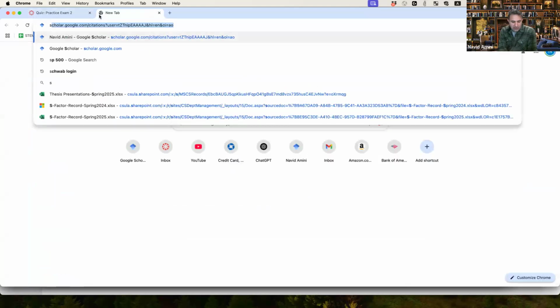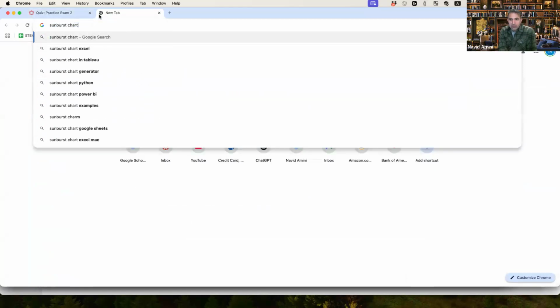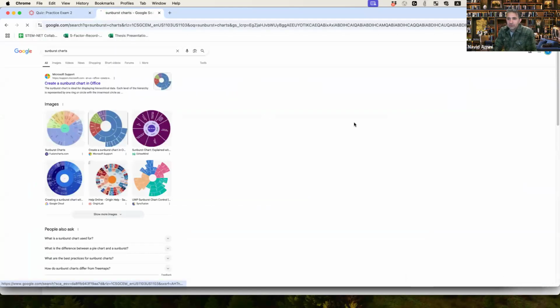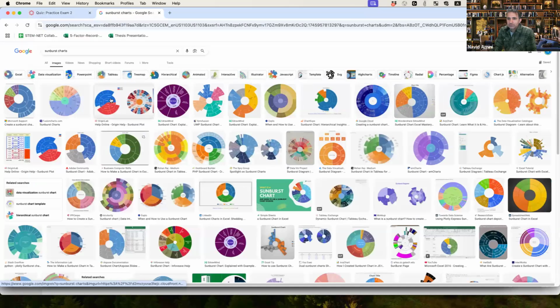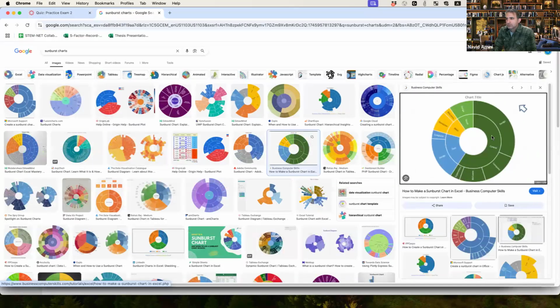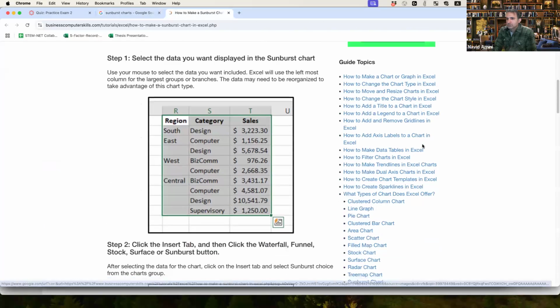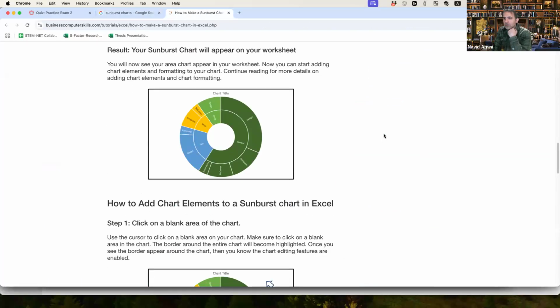So let me quickly show to you. So here we have a sunburst chart. This is root. This is level 1. This is level 2. So as we go to higher levels, the area gets larger.